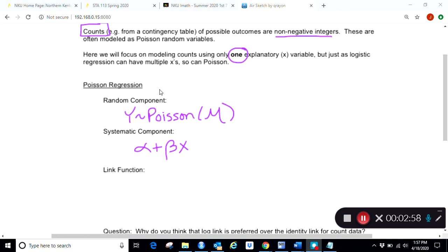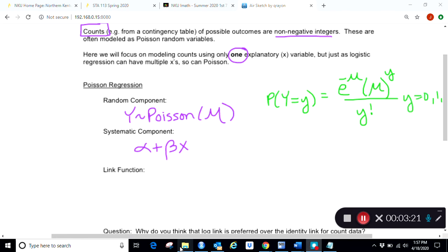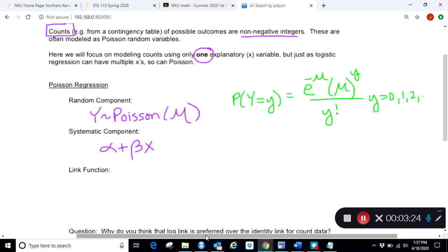For those that would like a quick review, if you've seen Poisson before, you may remember that the probability that y equals y is e to the negative mu times mu to the y, over y factorial. And y could only take on non-negative whole number values and did not have an upper limit. You might have used a slightly different letter here, for example the Greek letter lambda instead of mu, but since it really is the mean, I prefer to use mu here.